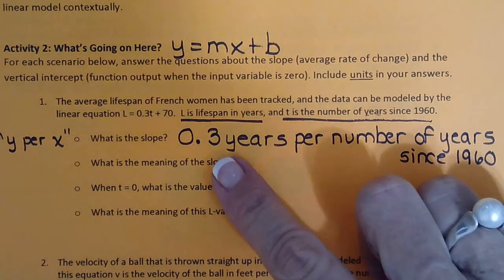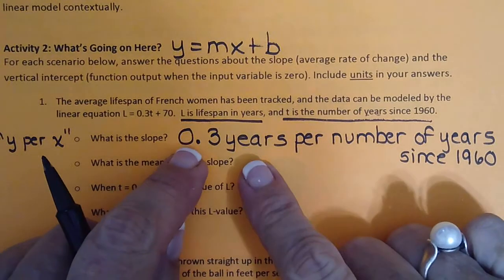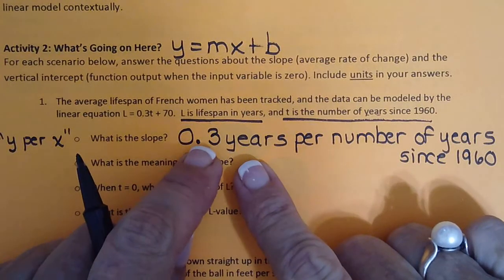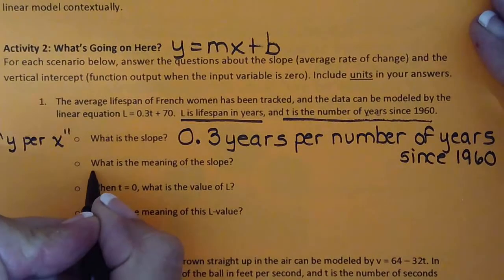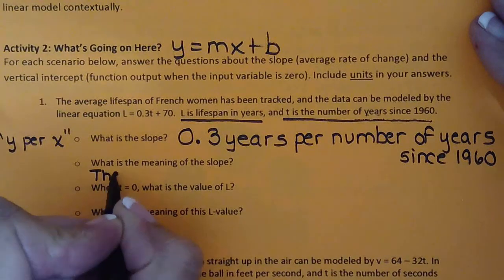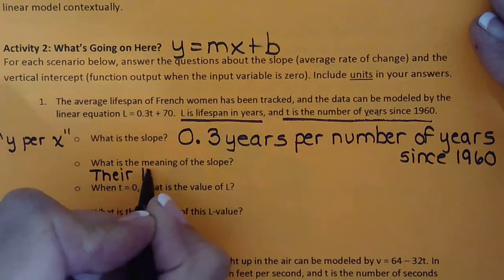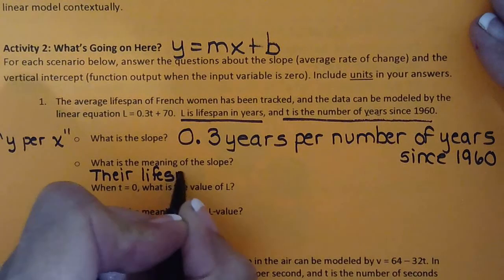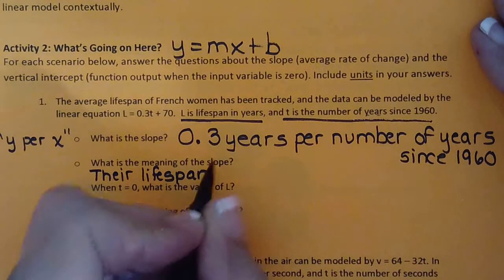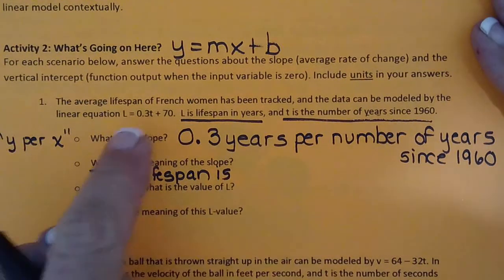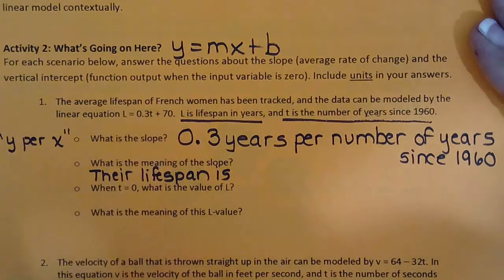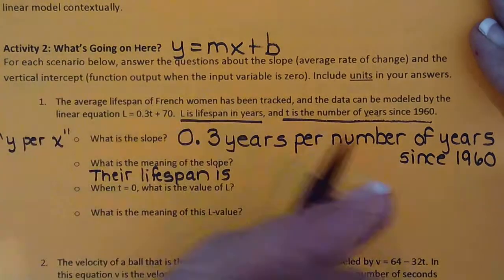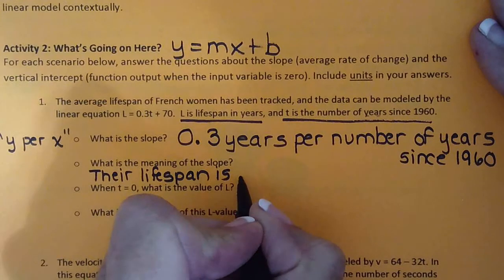Their lifespan is increasing by, and then you just write that. Because it's a positive slope, that's why we're using the word increasing. If it were negative, we'd say decreasing.